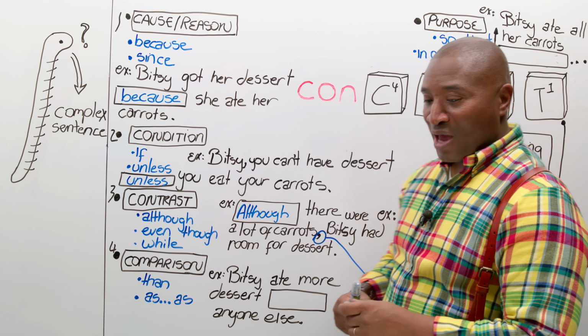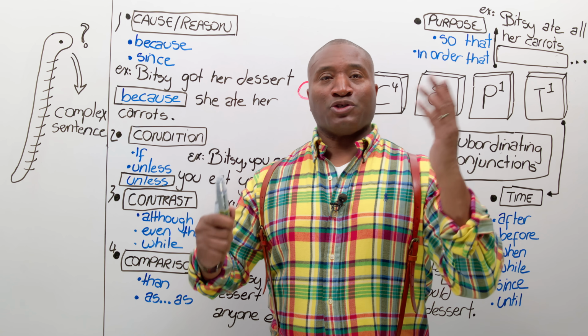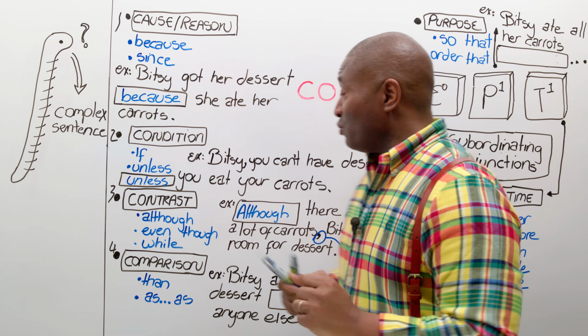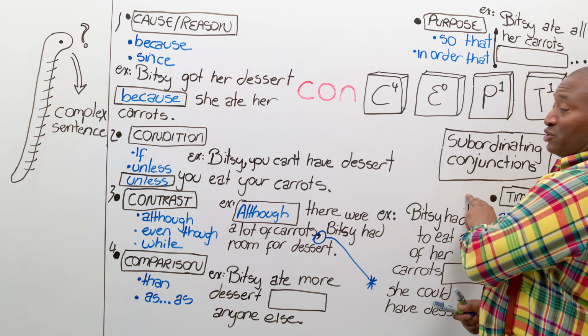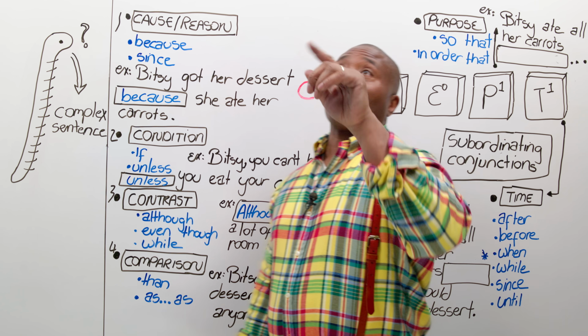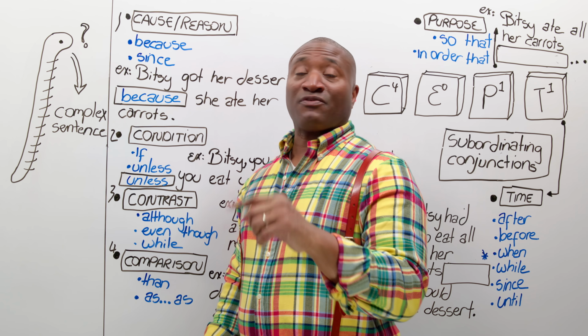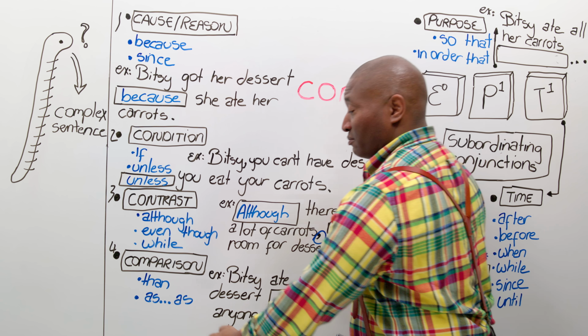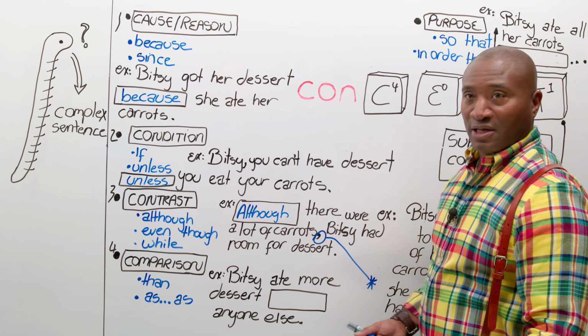Comparison. Well, comparison is when you look at two things and see what is the same and what is different. Okay? We also use our subordinating conjunctions to use comparison. So, he is taller than her. She is as fast as he is. Are examples for comparison. But let's look at Bitsy again.